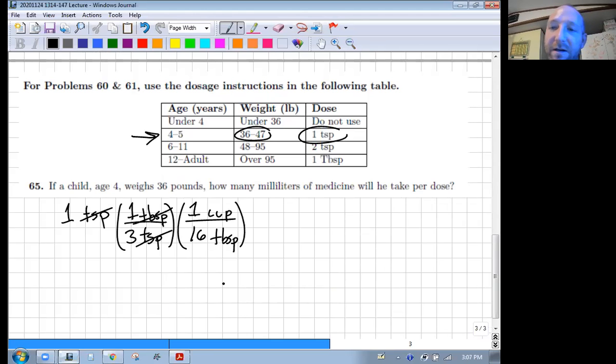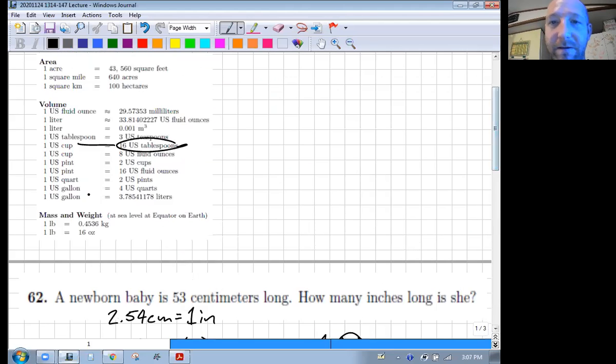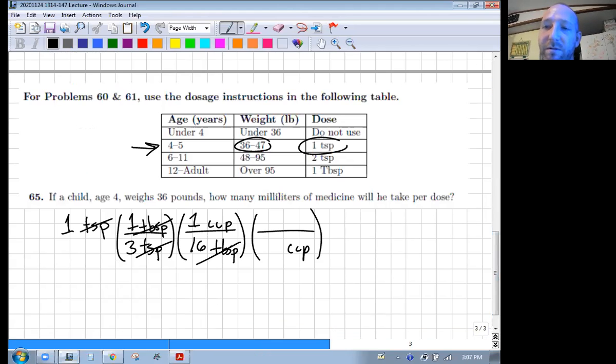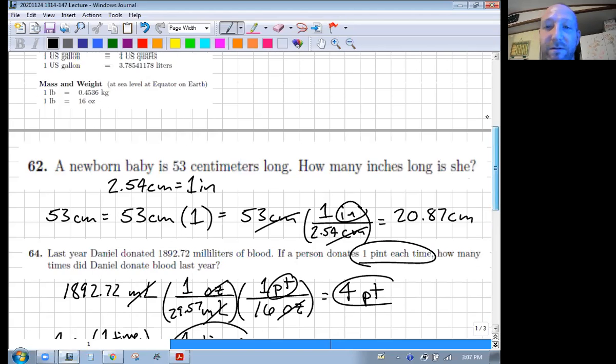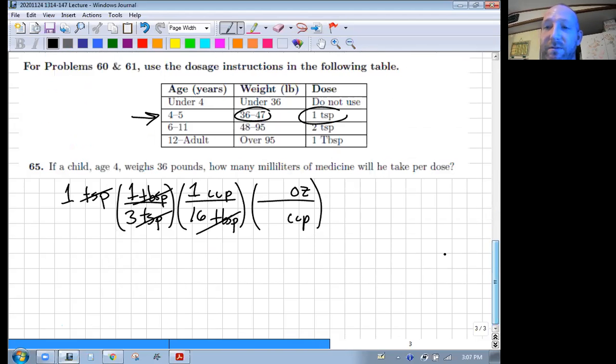So now we have cups. 1 cup is 8 fluid ounces. Cups, fluid ounces. I forgot what it was. Let's see. 1 cup is 8 ounces. So now we have ounces.